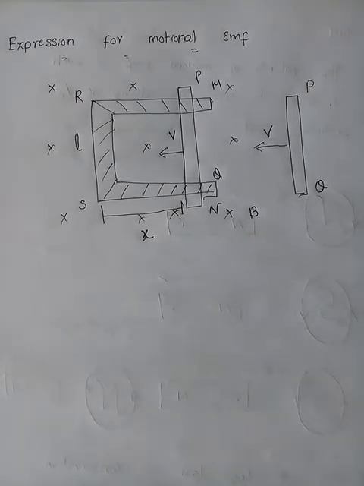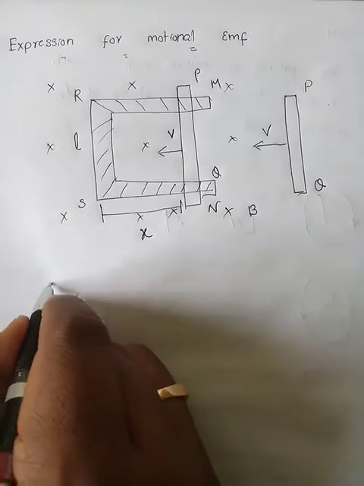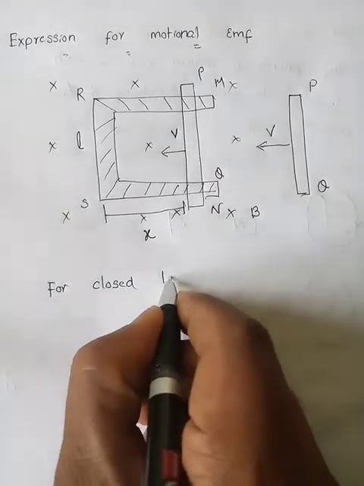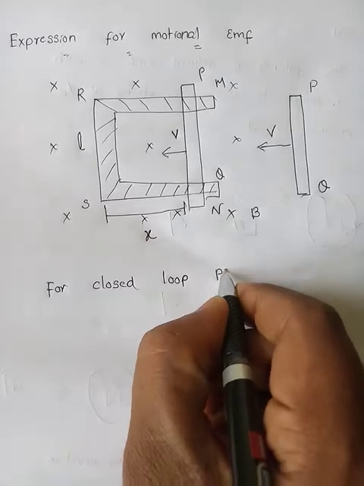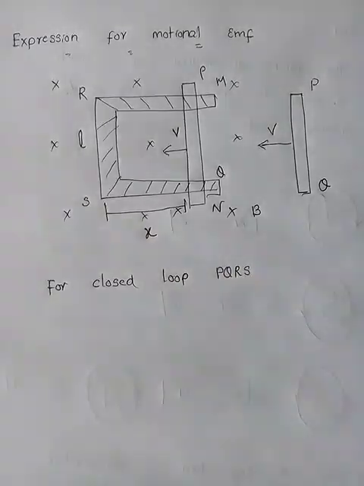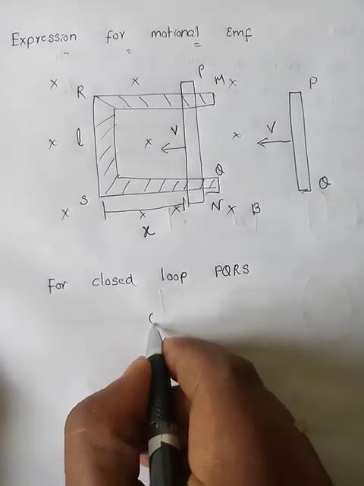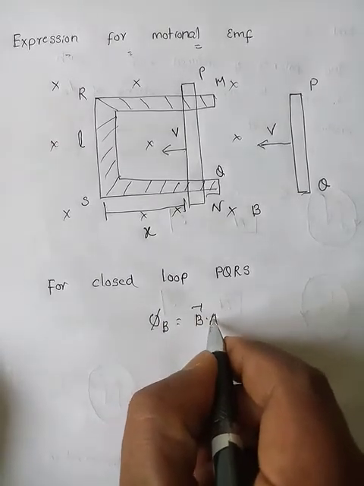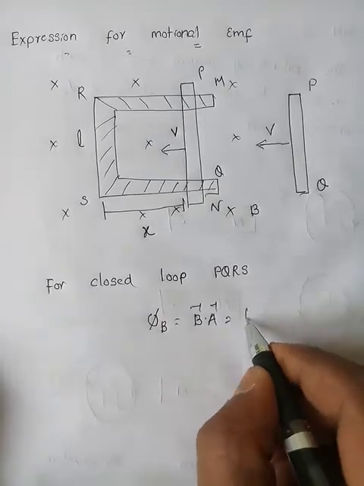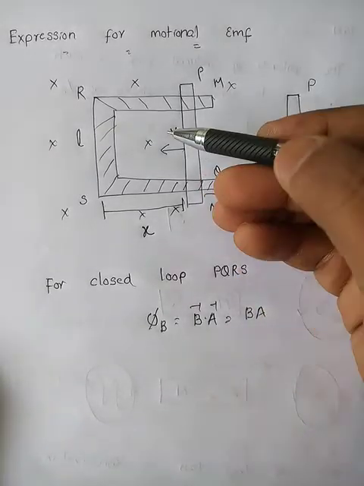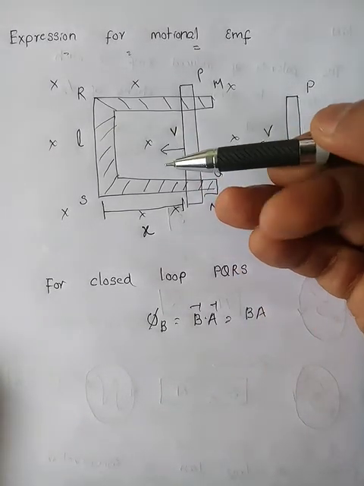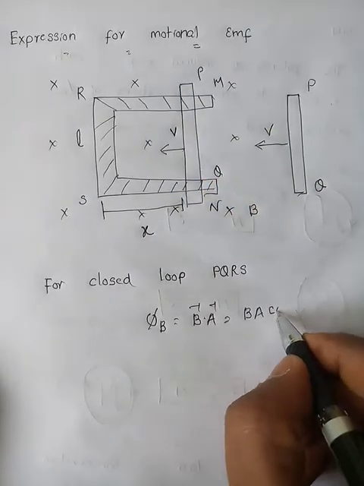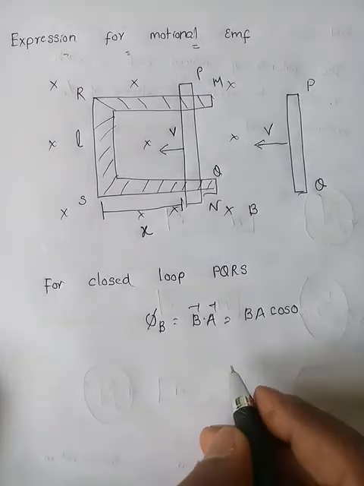So what happens now? PQRS is a closed loop or not? What is the magnetic flux of this closed loop? B dot A. The magnetic field is perpendicular to the area, so both are along the same direction, the angle is 0, cos 0.